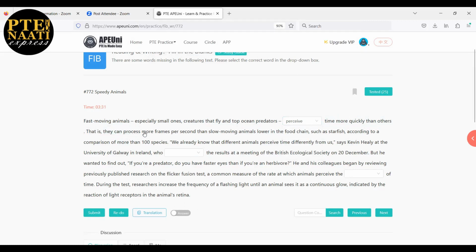That is, they can process more frames per second than the slow-moving animals lower in the food chain, such as starfish, according to a comparison of more than 100 species.